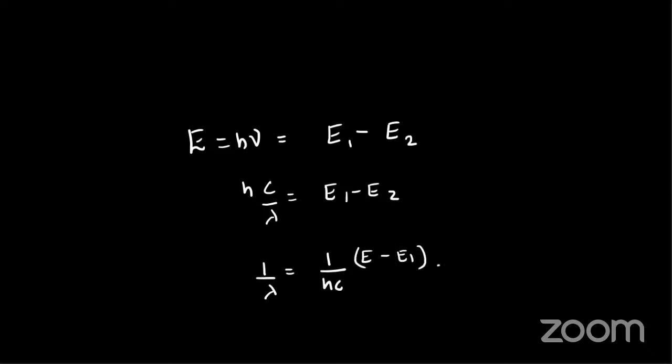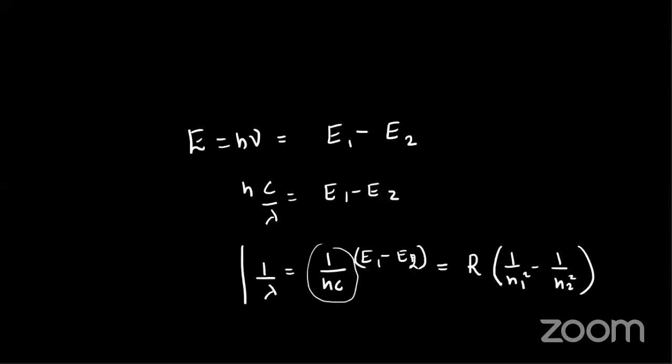Or simply we have one formula, which is Rydberg's constant R into 1 by n1 square minus 1 by n2 square, because E1 can be written as 13.6 by n1 square, and E2 as 13.6 by n2 square. You bring 13.6 here and solve the whole constant part, you get the Rydberg constant, and this is the formula to find out the wavelength of light.